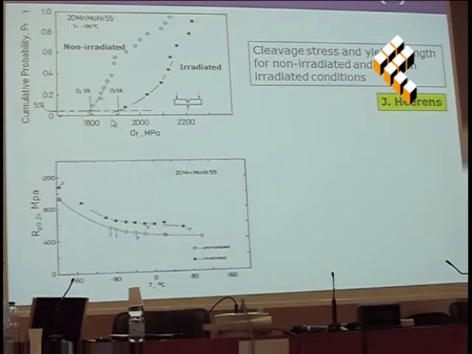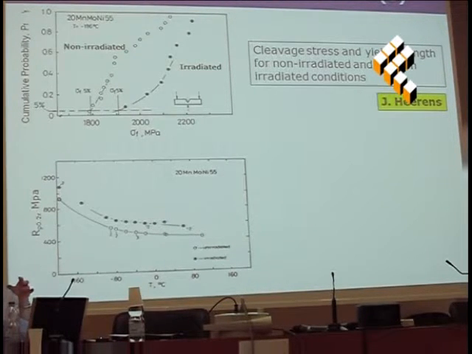And then we did irradiated specimens, Charpies, and the determination of the cleavage stress was done indirectly. We didn't do tensile tests, but in the Charpy specimen you have a stress peak also ahead of the notch.